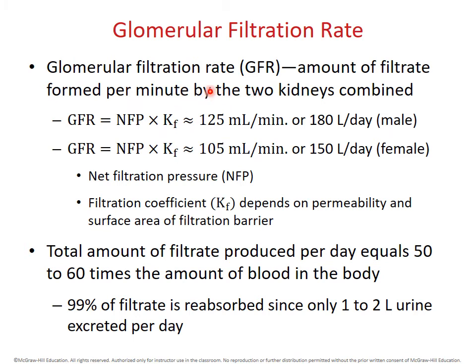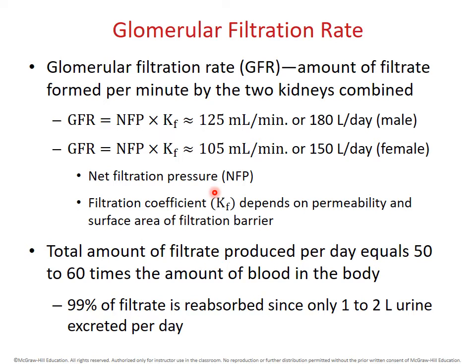Now, the way we calculate the glomerular filtration rate is we multiply the net filtration pressure, which we just discussed, which is about 10, by something called K sub F. K sub F is known as the filtration coefficient. As you can see in Objective 61, the filtration coefficient is the amount of filtrate produced per minute, so it is a rate, per minute for every 1 millimeter of mercury worth of net filtration pressure.